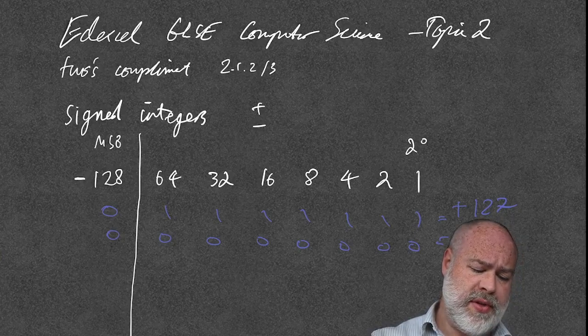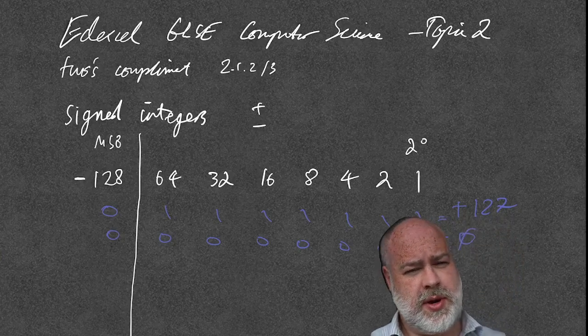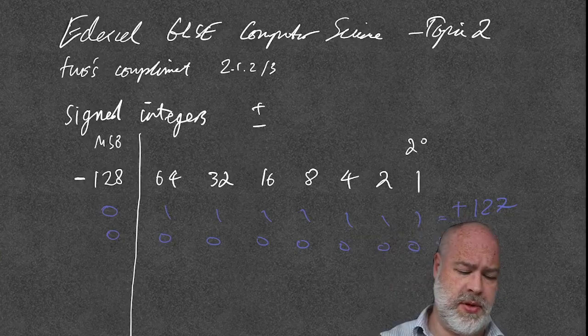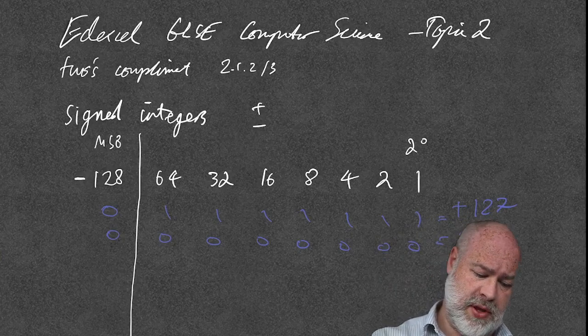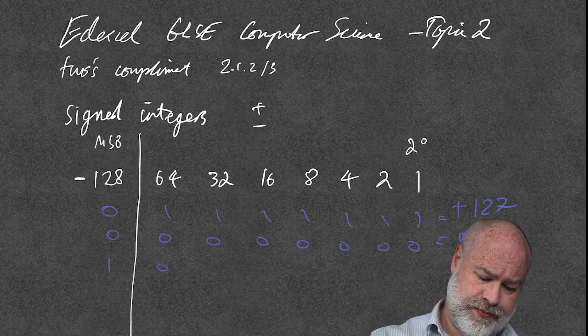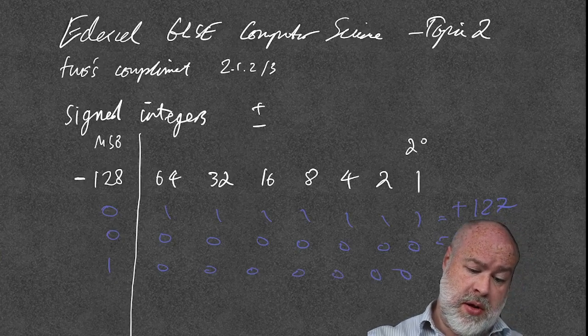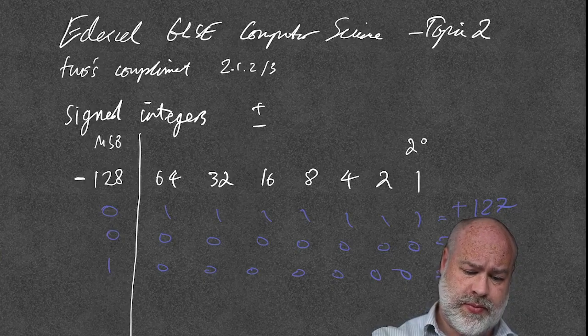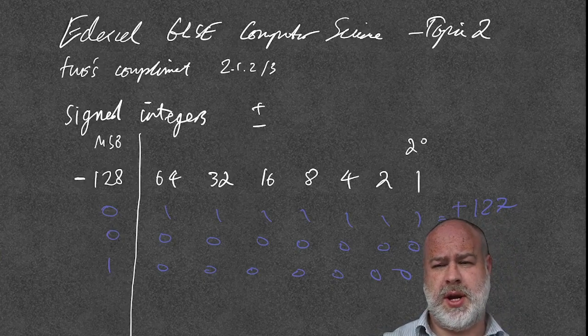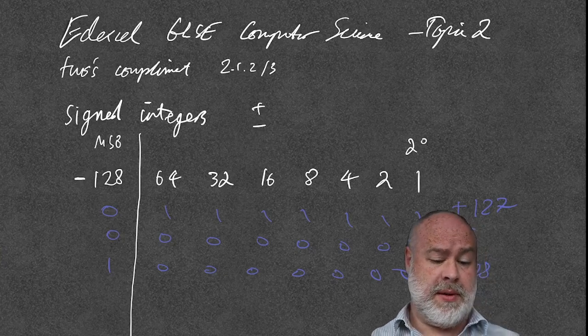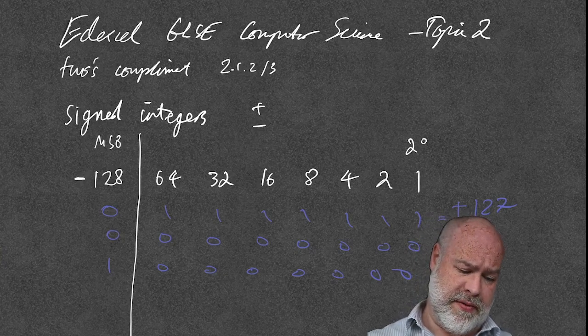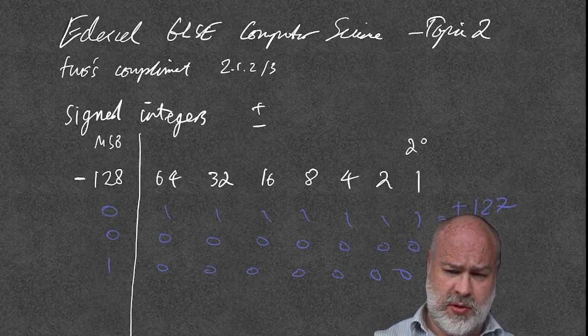But the clever thing here is that we can actually have negative numbers, and we can go down to minus 128. If I put a 1 here, and then all of these positive numbers are 0, I've got minus 128. So I can have between minus 128 and positive 127 in a 2's complement representation in 8 bits.